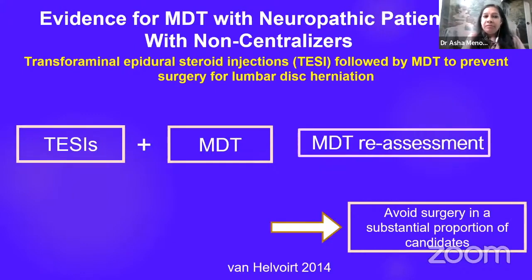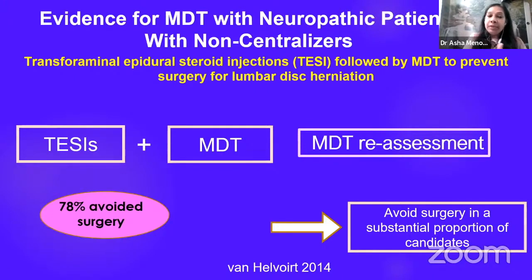So TESI, transforaminal epidural steroidal injections, plus MDT. These were the non-responder patients who could very well have gone in for surgery. Post an MDT reassessment, what was seen is that 78% of patients could avoid surgery.